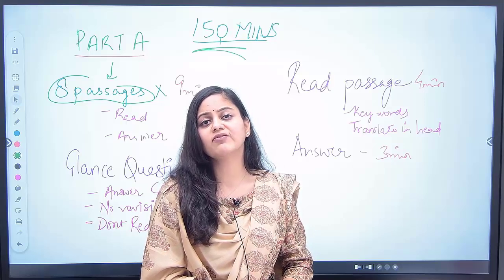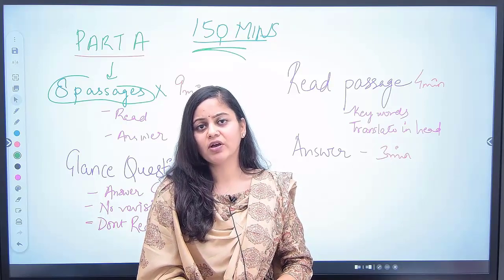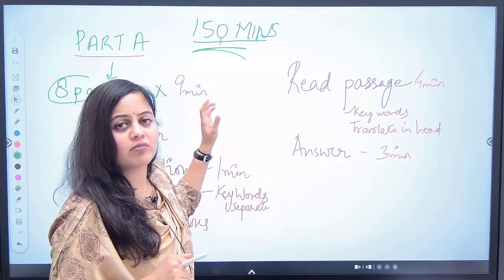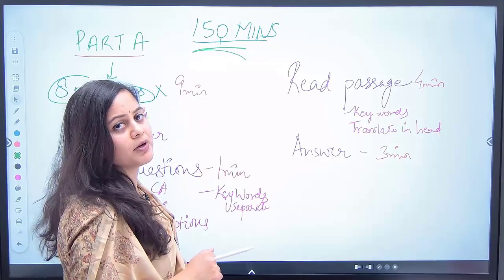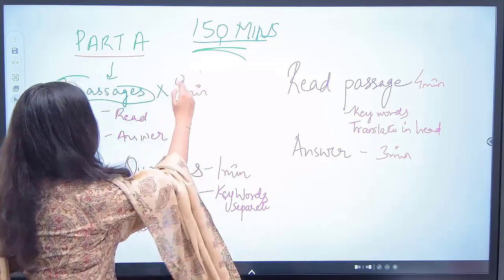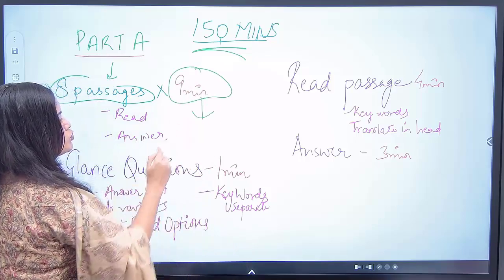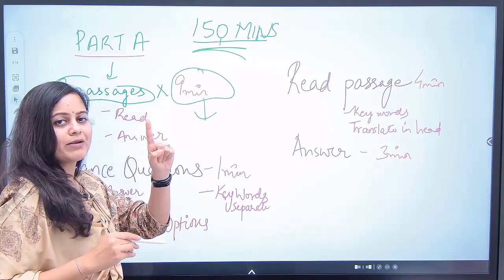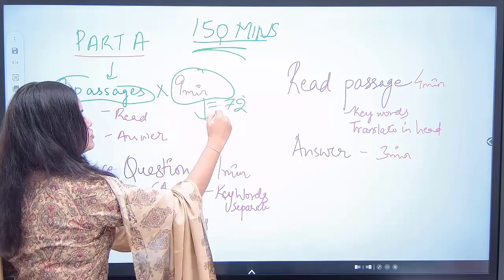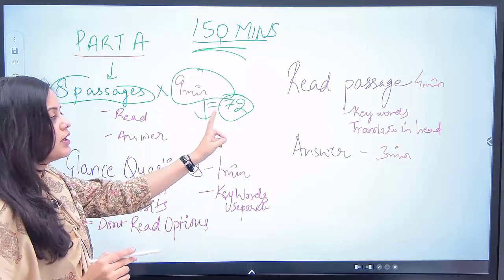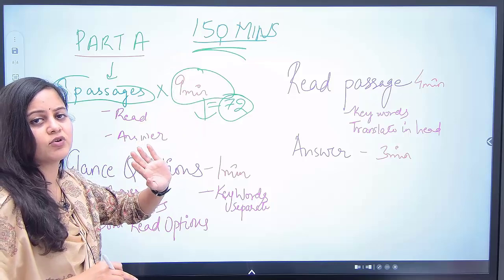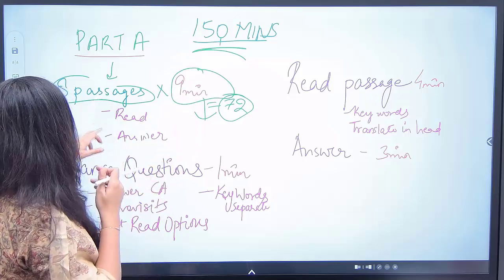Now if we have to attempt all those 75 questions, whatever may be the division passage-wise, on an average, if we complete that in 9 minutes, so on an average we are giving 9 minutes to one passage. It approximately totals up to 72 questions. So you can adjust that 3 minutes here and there.